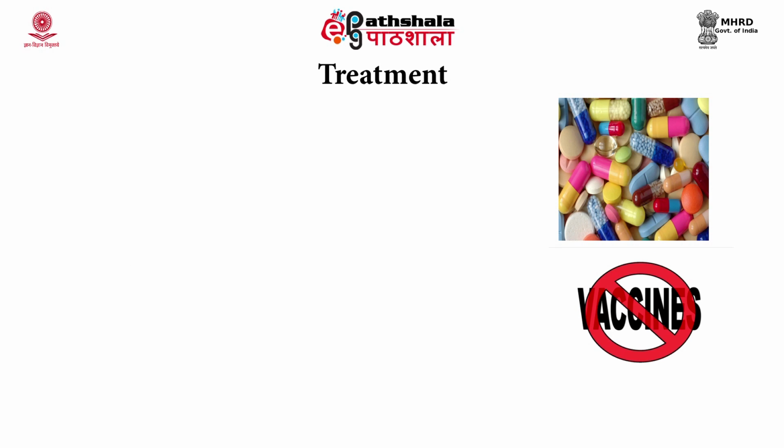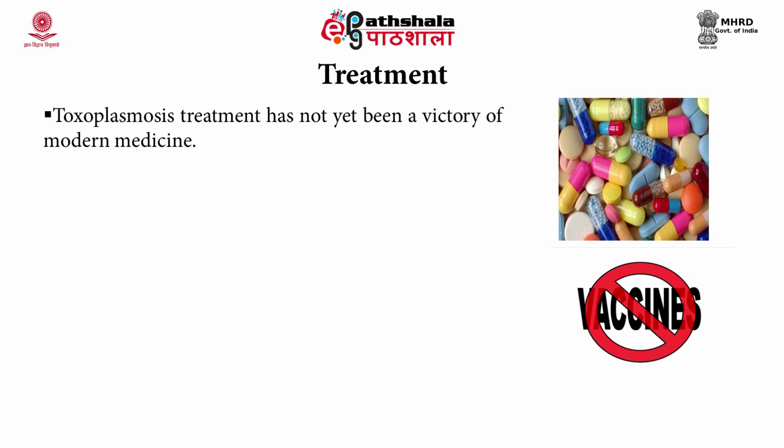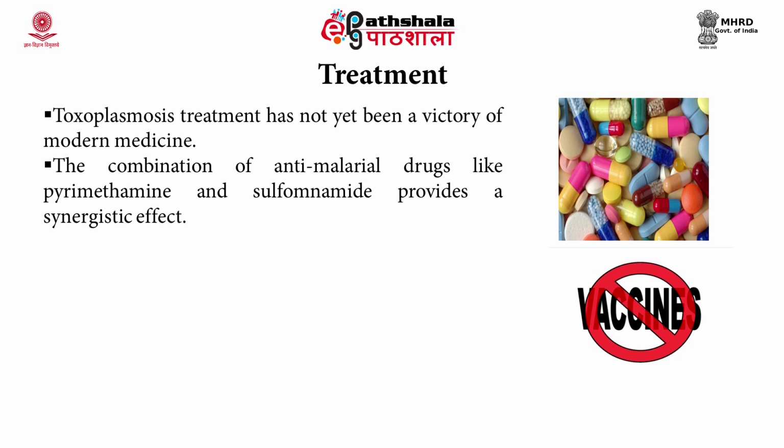After the diagnosis, we will go for treatment. Toxoplasmosis treatment has not yet been a victory of modern medicine. The combination of anti-malarial drugs like pyrimethamine and sulfonamide provides a synergistic effect.